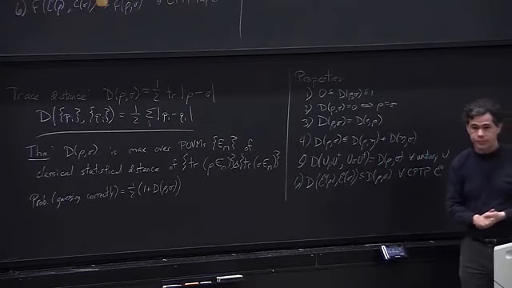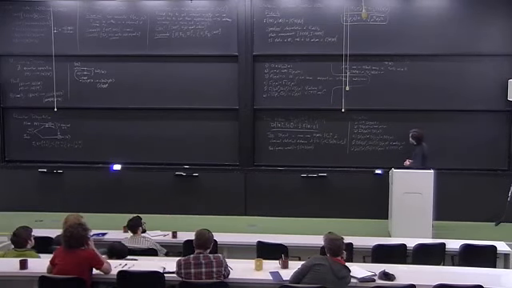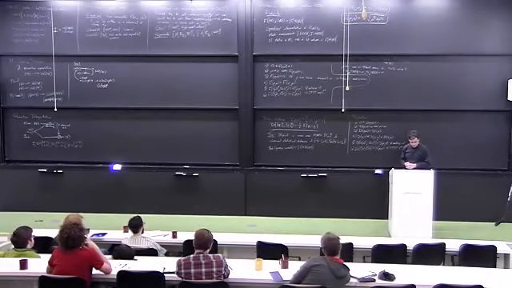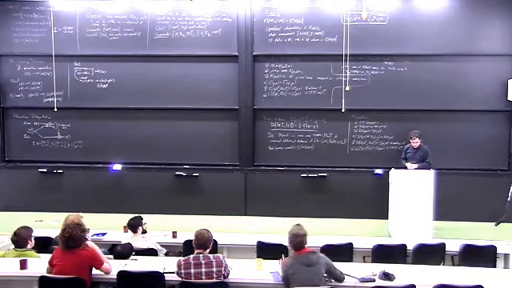Okay? Yeah. Is it easy to construct the purification that attains that maximum? Yeah, it's not too hard. Let me see if I can tell you how to do it offhand.